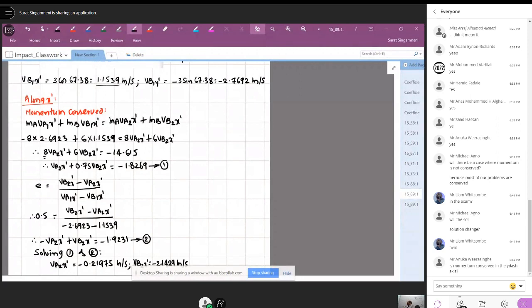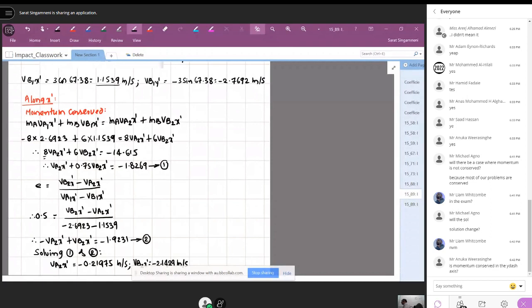These two equations allow you to calculate two unknown quantities, that is VB2x dash and VA2x dash, the x components of the final velocities of the two spheres.